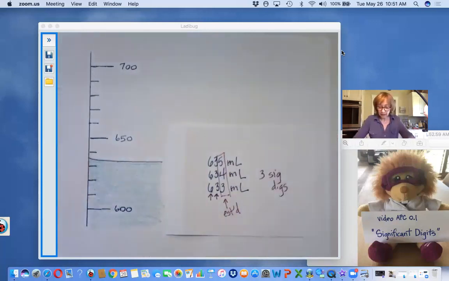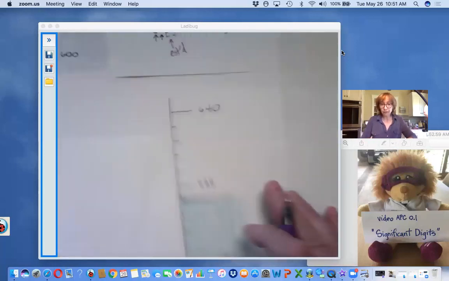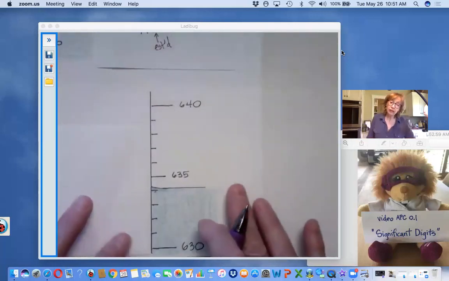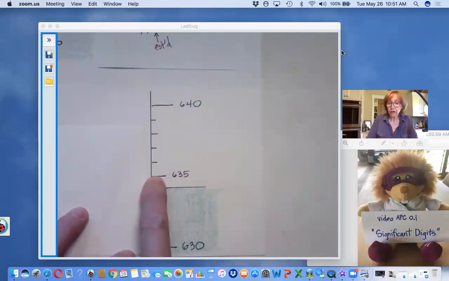Now, let's look at another volume measuring instrument. This is another graduated cylinder, but the markings are slightly different on this one. We have numbered graduations at 630 and 635, with these additional markings in between. So we're going to say this is 631, 632, 633, 634, and 635.